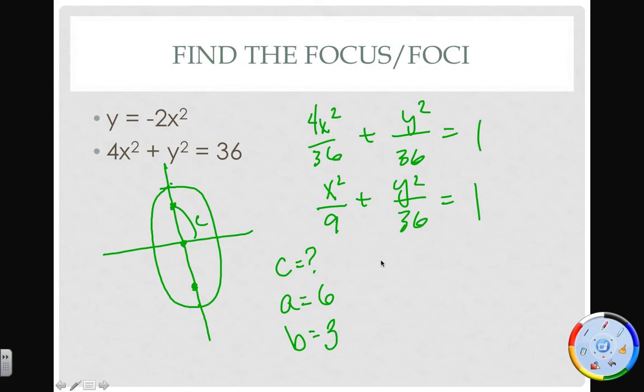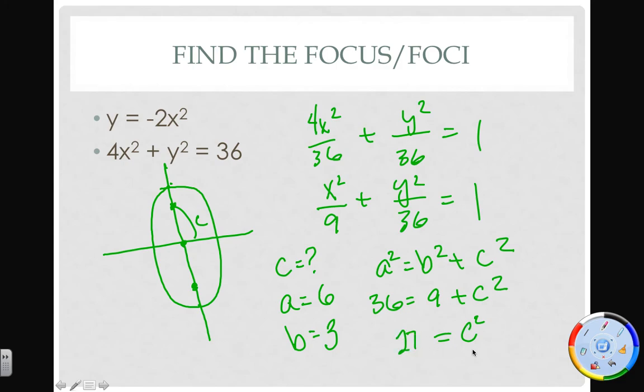Well, in an ellipse, I know that A squared equals B squared plus C squared. So I get 36 equals 9 plus C squared. C squared is 27 if I did my math correctly. And C is 3 root 3.